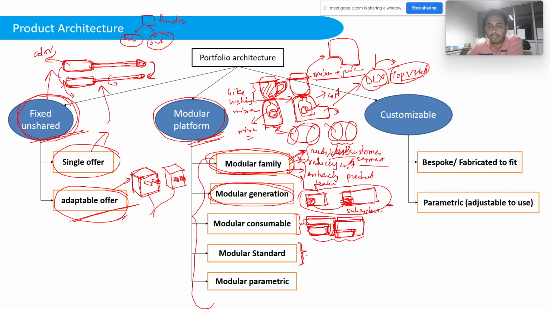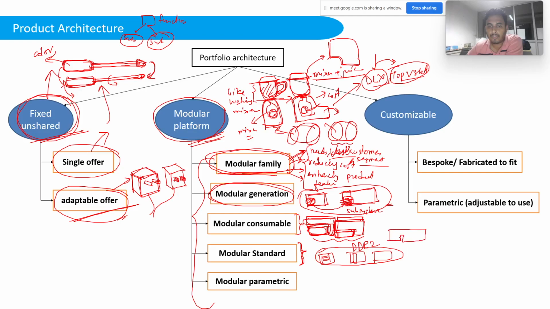Modular standard means that while manufacturing your products, you are standardizing them by using some standard components, some standard architecture. Then those are called modular standard products. For example, you are using a similar bus structure. In your PC you use DDR2 RAM, right?